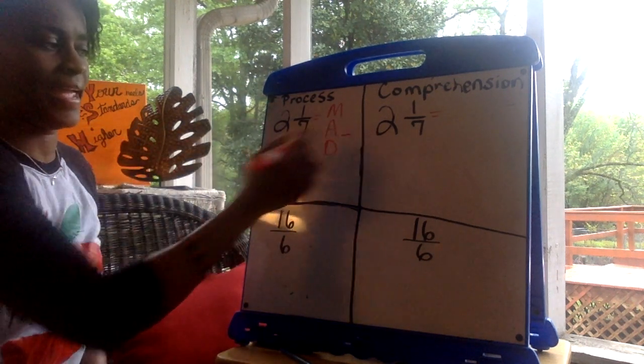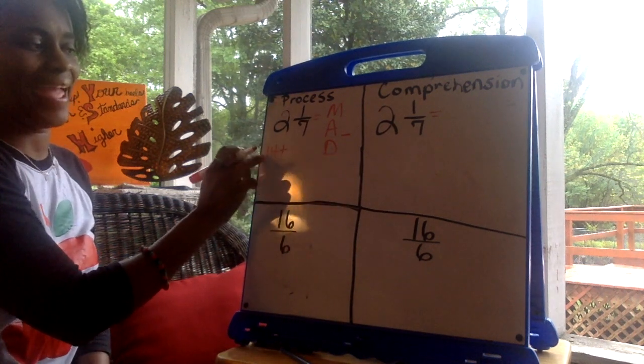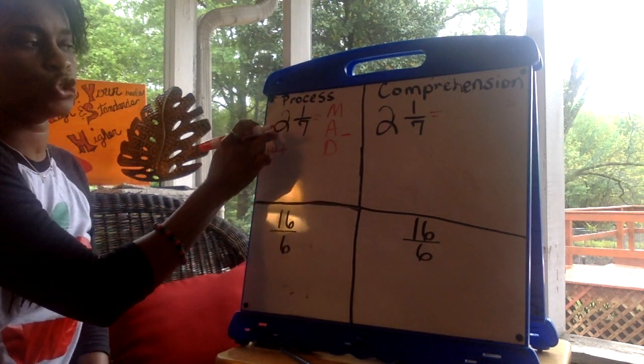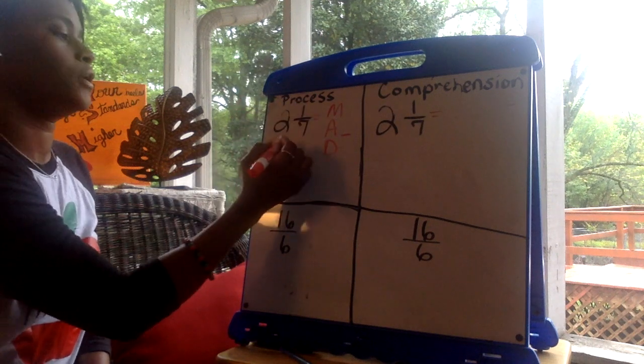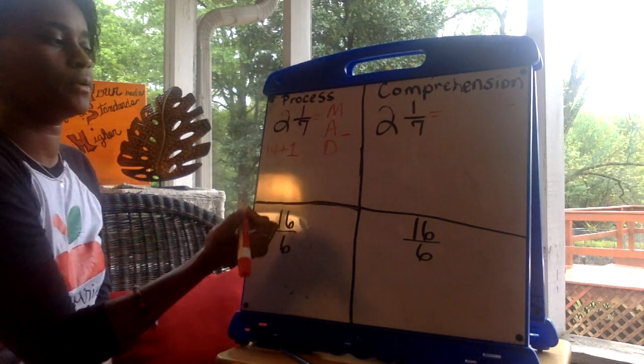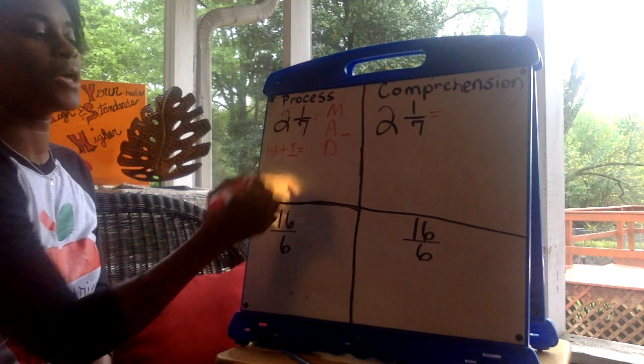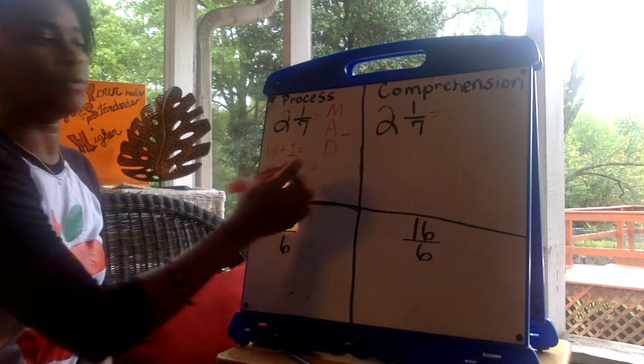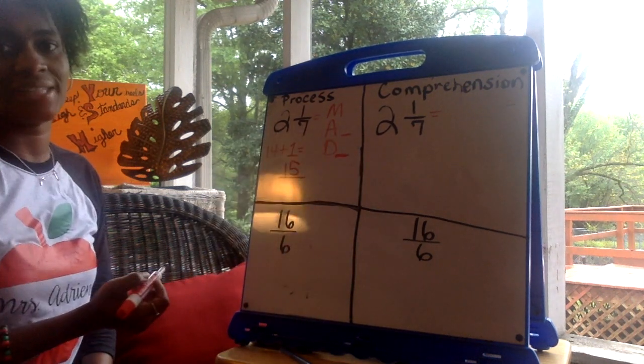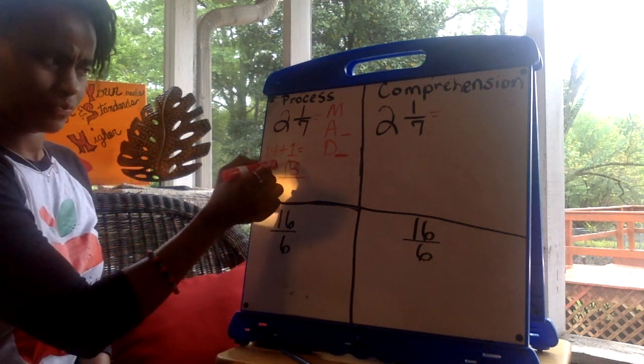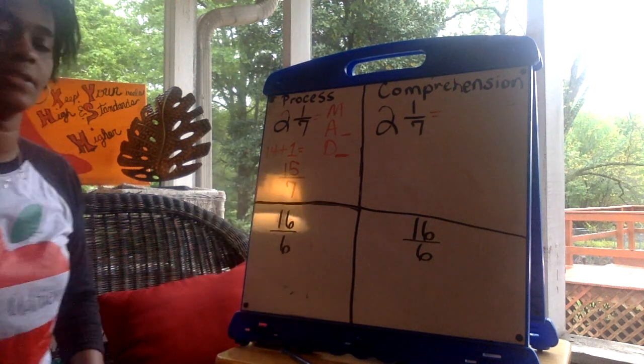Now it's time to add. Remember, we add the 14 from 7 and 2 to 1. 14 plus 1 equals 15. And remember, we keep the same denominator, 15 sevenths.